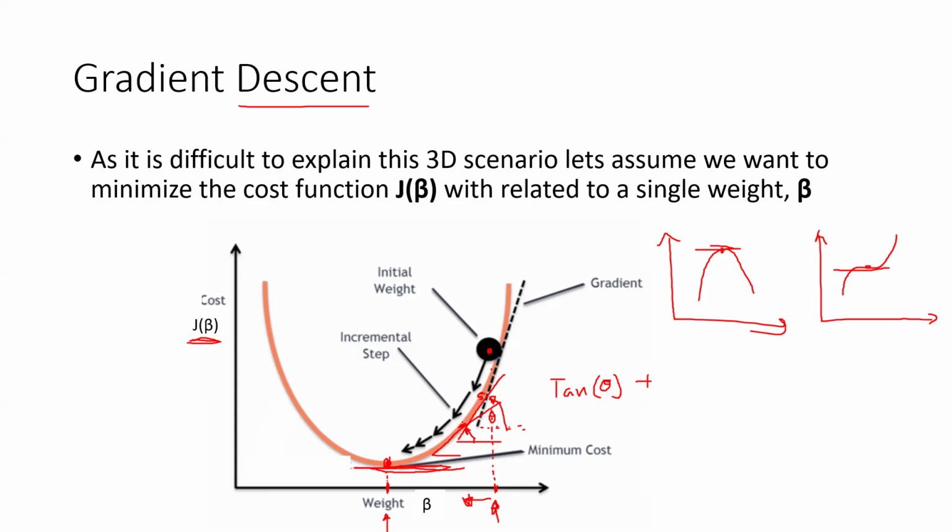We are moving a little bit closer to the optimum point by moving left. Then we move from here to here and come to this point, and again to this point, and finally we end up here after many iterations. This is all about the gradient descent algorithm.